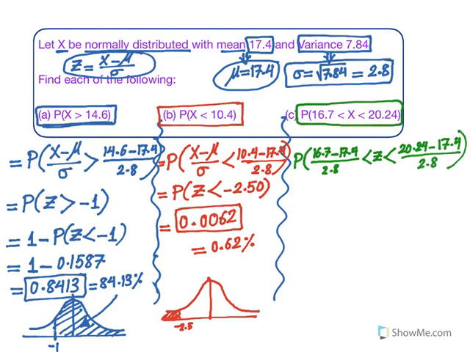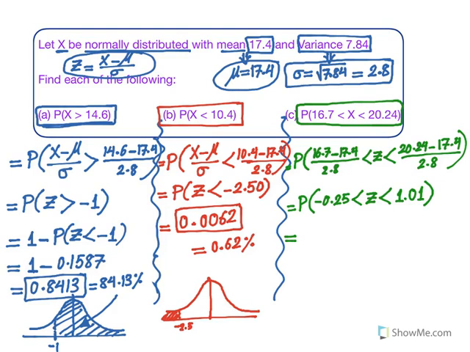If you compute, you'll get negative 0.25 less than z less than 1.01. Remember, for the z-score, you do it to 2 digits when you are approximating on your calculator.